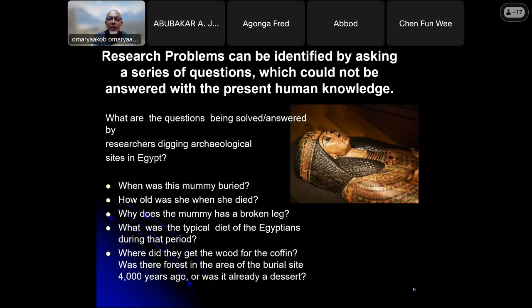They study this and they publish this. They can write theses about this. They can get their PhDs or masters just by uncovering the knowledge.